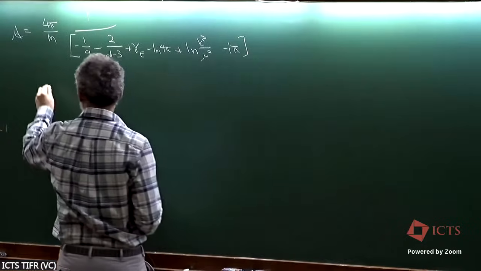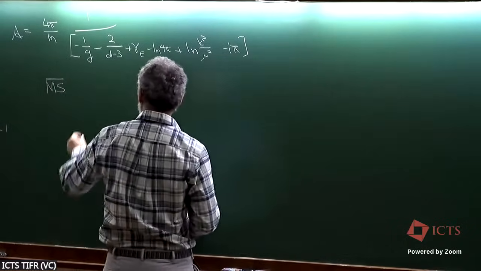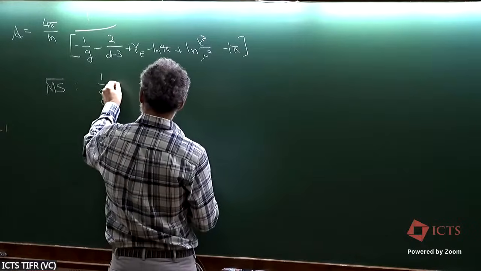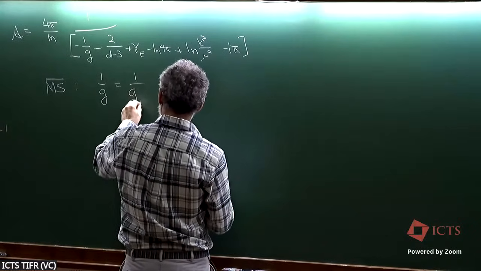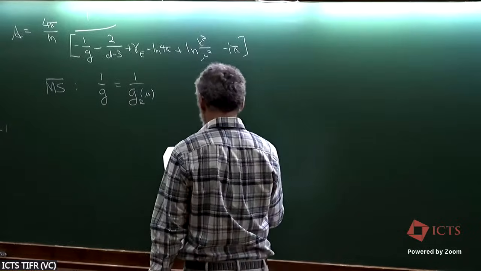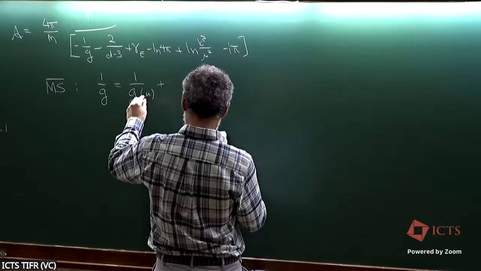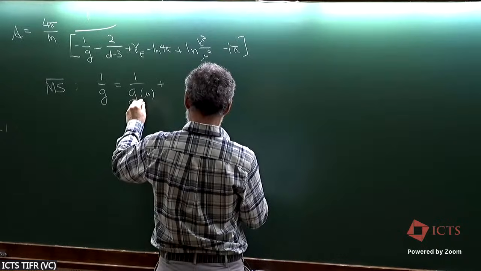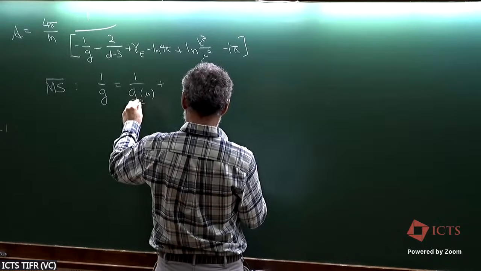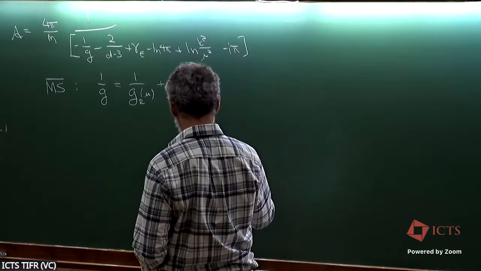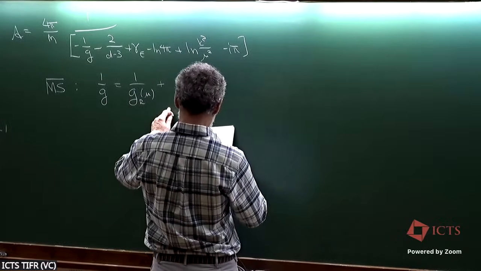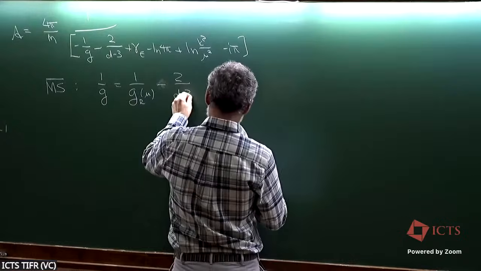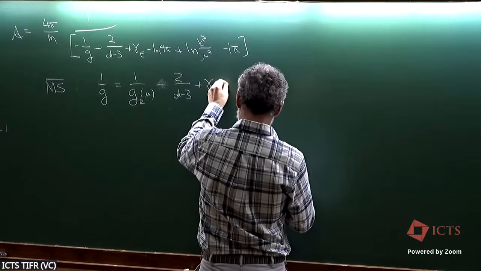And so the MS bar prescription is that minus that 1 over G is equal to 1 over G renormalized of mu plus this to be minus 2 over d minus 3 plus gamma E minus log 4 pi.